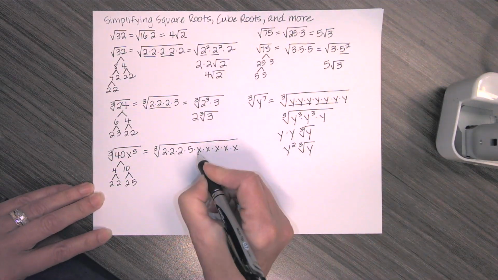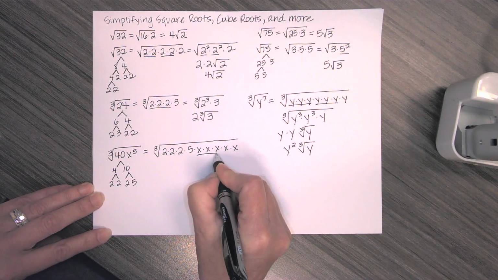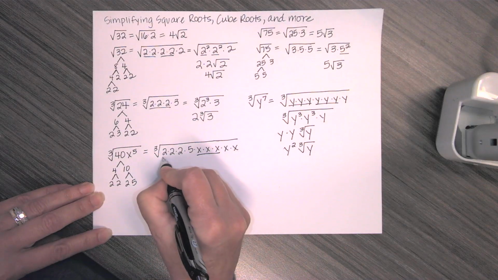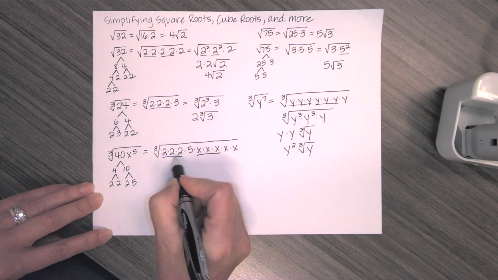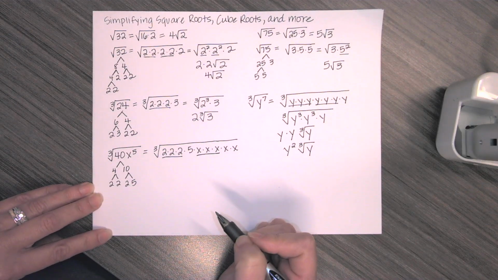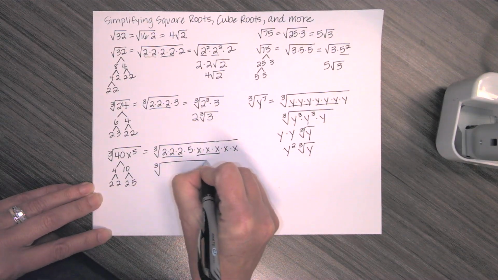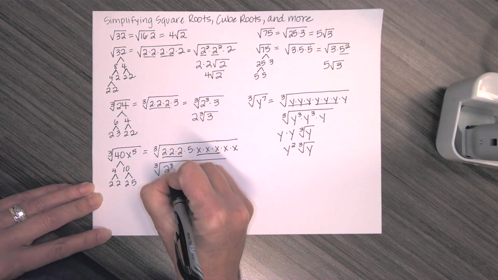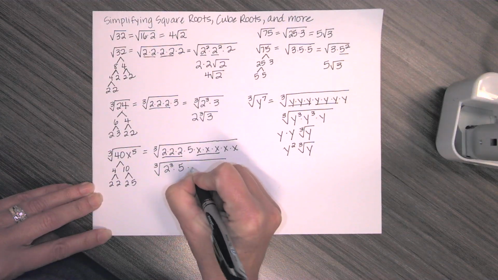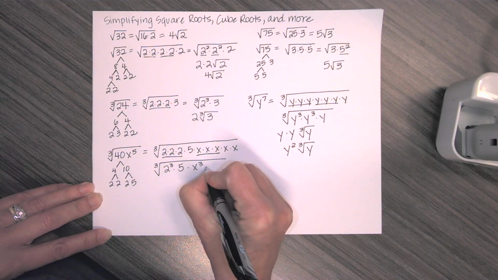Again, I don't care if you write all of this out. I'm just going to do it the first few times so you can see what's happening. I have a group of 3 2's and a group of 3 x's. If you want to rewrite those with cubes on them, you can. You don't have to. Just whatever helps you see this.